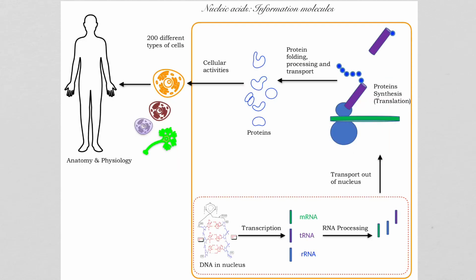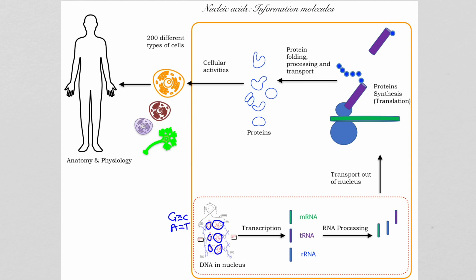So one of the major functions of nucleotides is that they are chemicals that we use to store information. And so as you know, DNA has nucleotides in the form of information. Your G, C, A, and T are basically parts of nucleotides.